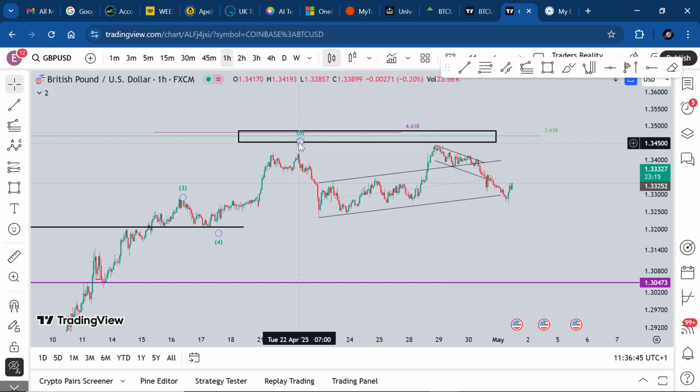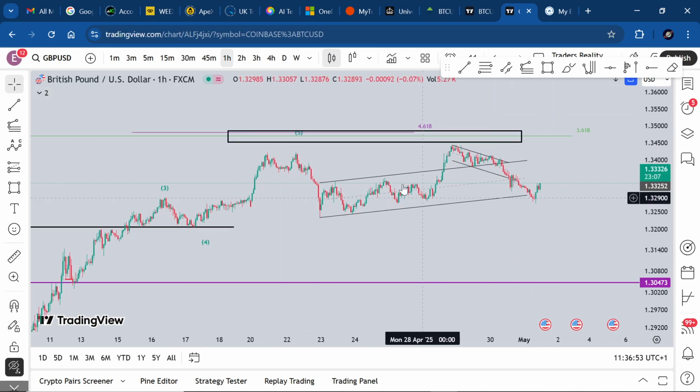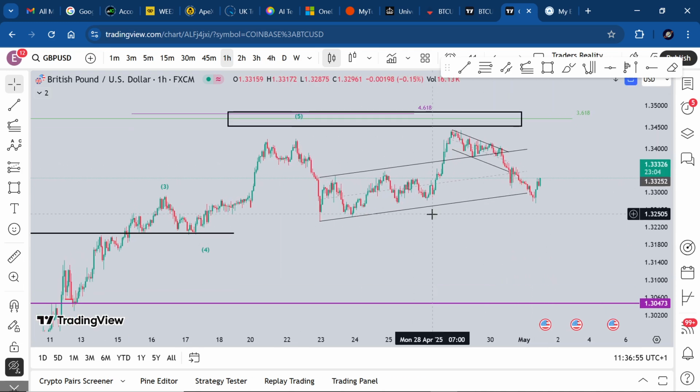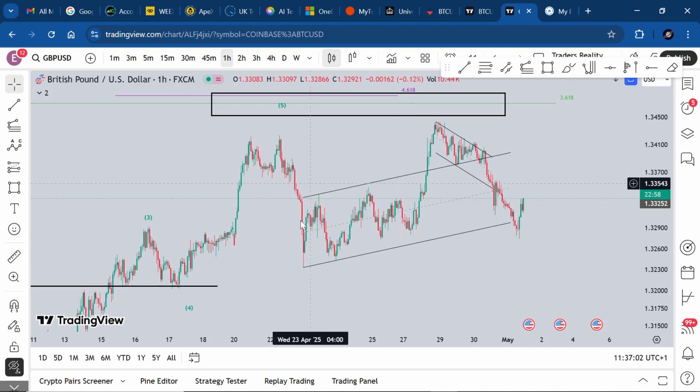Right. Now, potentially that could be 5 and this could be A, B, C dump, or it could be a complete reversal. But as you can see, when price came up here and we came down, we went sideways. This sideways was an accumulation. We accumulated here, and from this point we went up to break the high again.